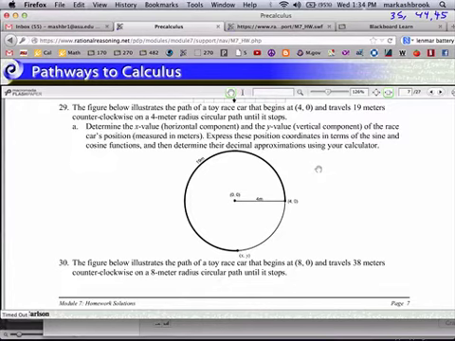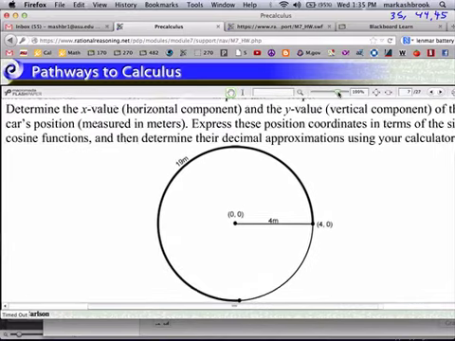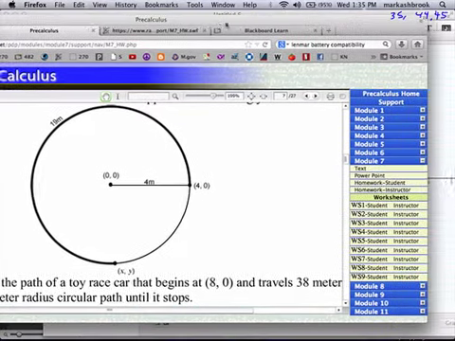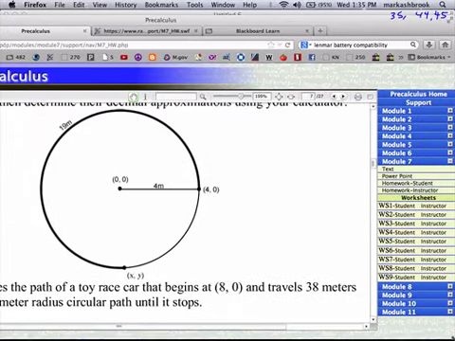Okay, so 29. It's a little bigger. Here's the setup.